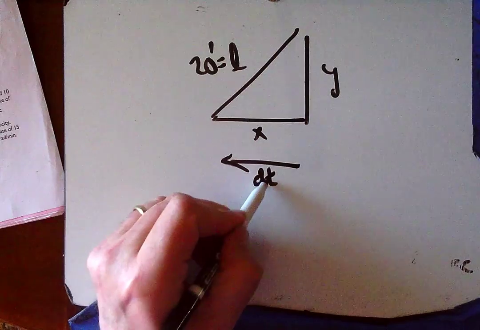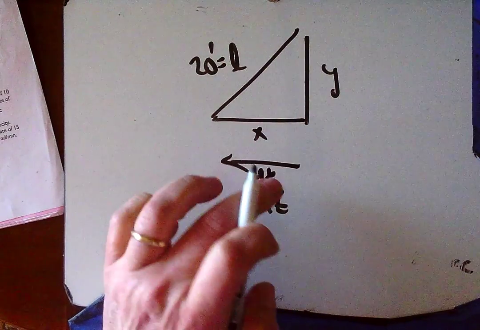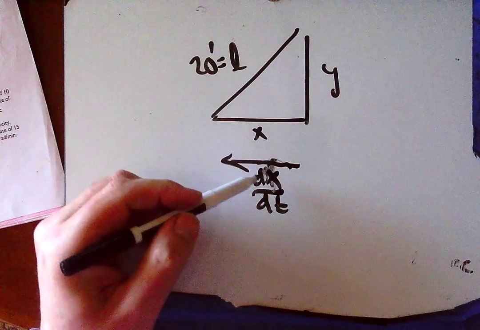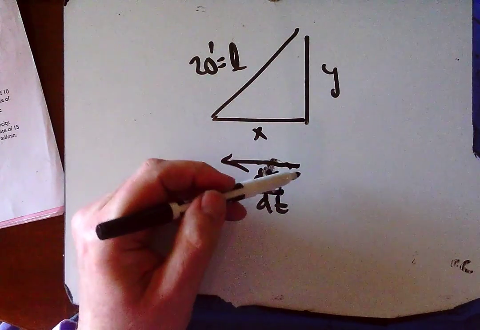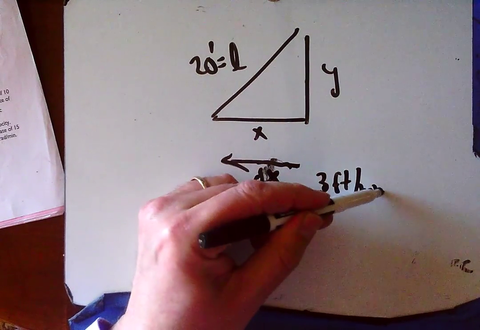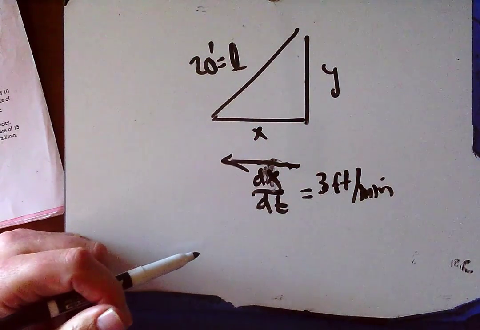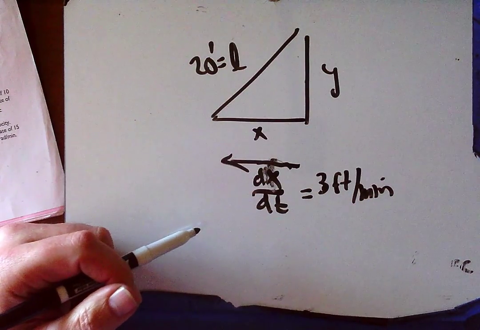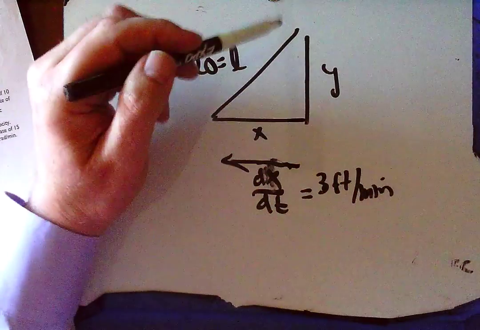So I'm going to name that dx dt, and I'm going to say that dx dt equals 3.